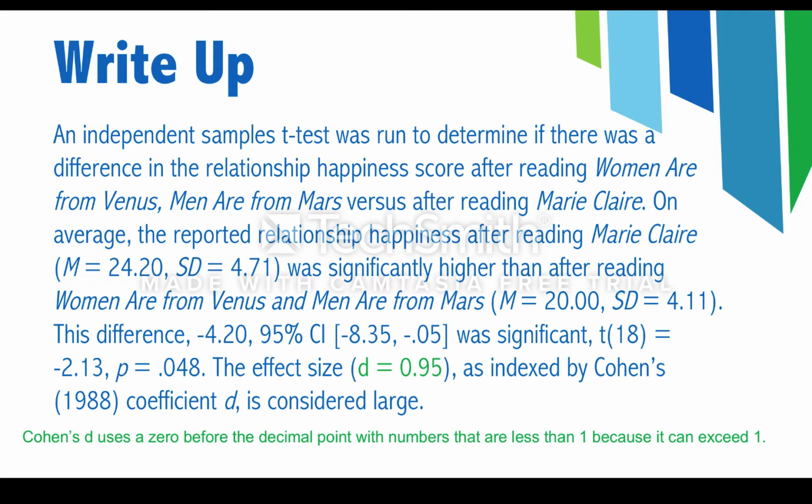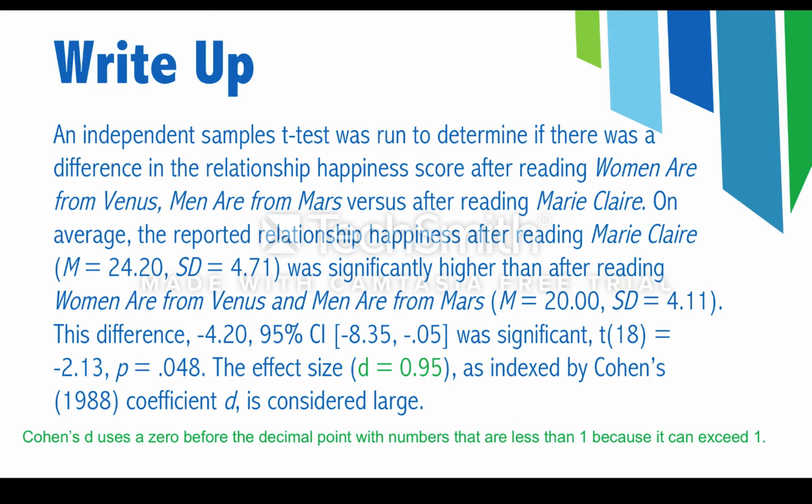The next step is to report the effect size. And I say the effect size, parentheses, d equals 0.95, as indexed by Cohen's coefficient d, is considered large. Since there are various effect size correlation coefficients that you can report, you need to explain which one you used.